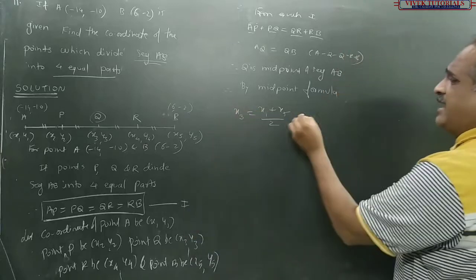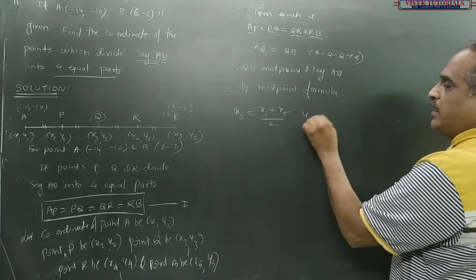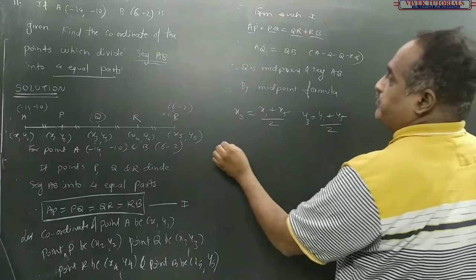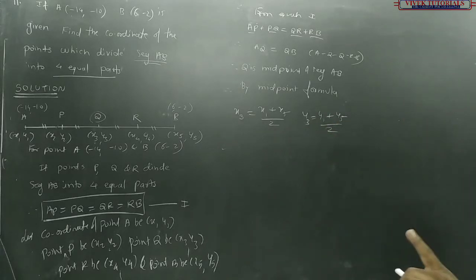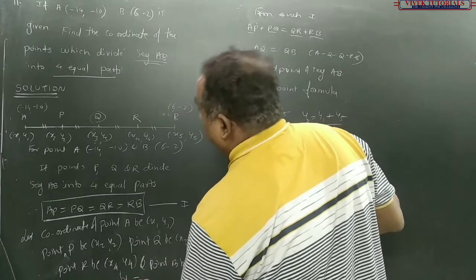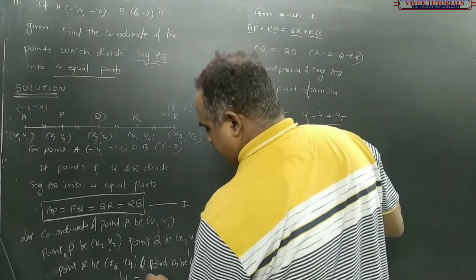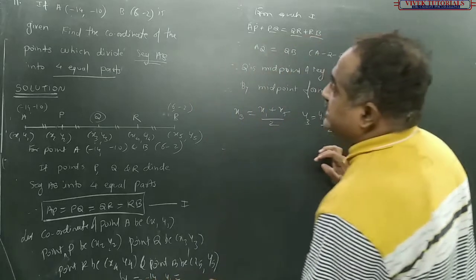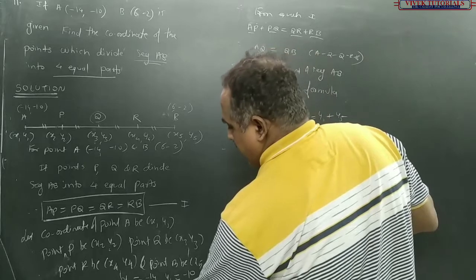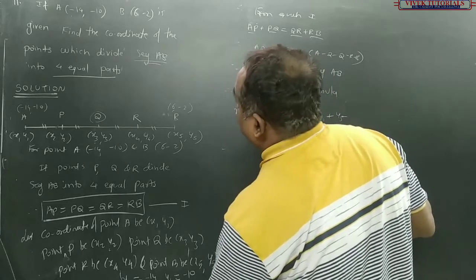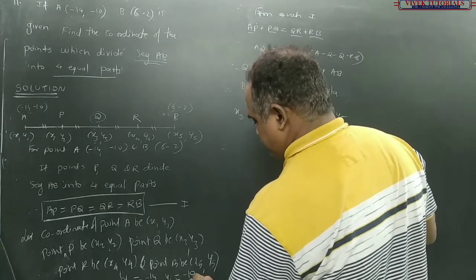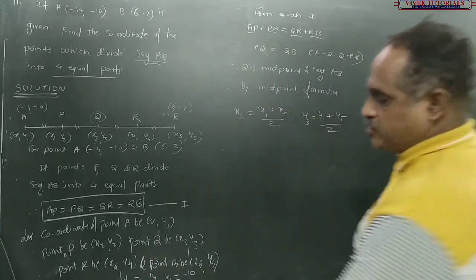So I'll get x3, and y3 is equal to y1 plus y5 upon 2. Therefore, students, you must write over here x1 is equal to minus 14, y1 is equal to minus 10, x5 is equal to 6, and y5 is equal to minus 2.